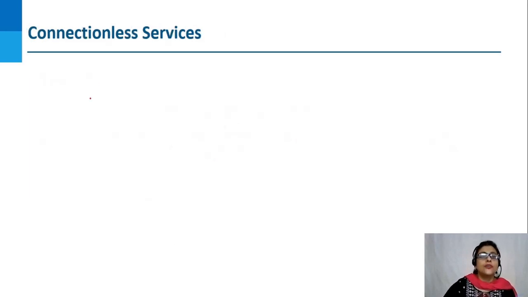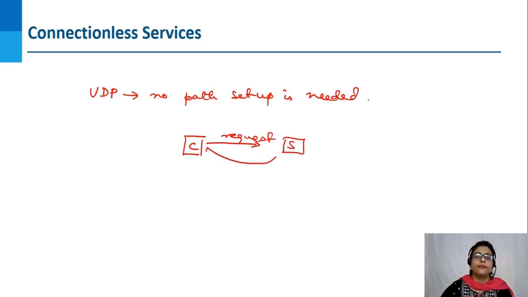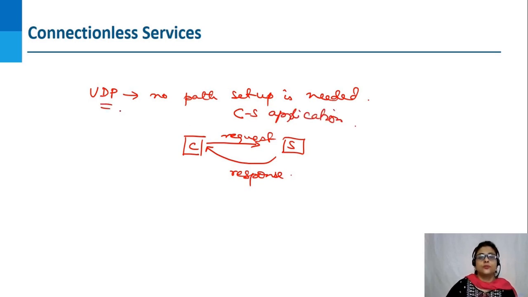Connectionless service. As we have earlier said, UDP is connectionless, meaning that no path setup is needed. Let us consider a client-server application where a client makes a request to the server and the server gives the response. So this is a simple client-server application where UDP may be used.